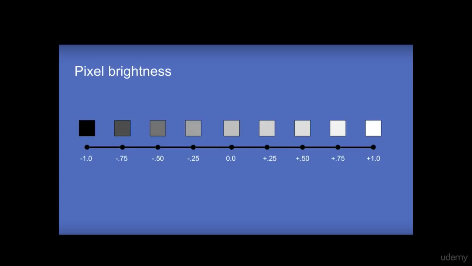So the darker the picture, we are going to allocate negative 1.0 for that. And to brighten the picture, we are going to allocate plus 1.0. So we're going to allocate black to negative 1, and we're going to allocate white to plus 1, with gray at a 0 value in the middle.